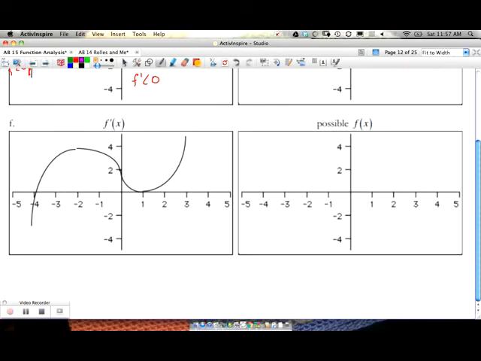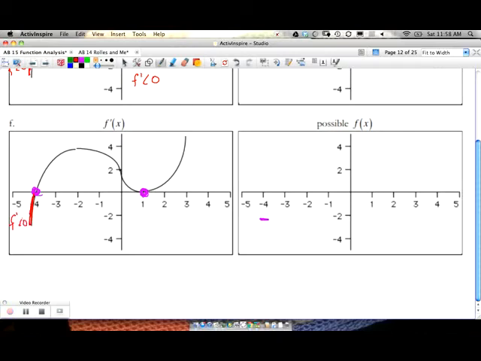Okay, let's do another one. Here, f prime of x is at 0 and 0. So those are our critical points at x equals negative 4 and x equals 1. So we're going to start with one here below the x-axis just to mix it up a little bit. What are we before negative 4? That's going to be a negative value there.